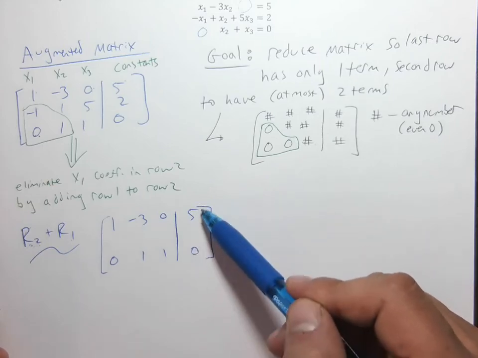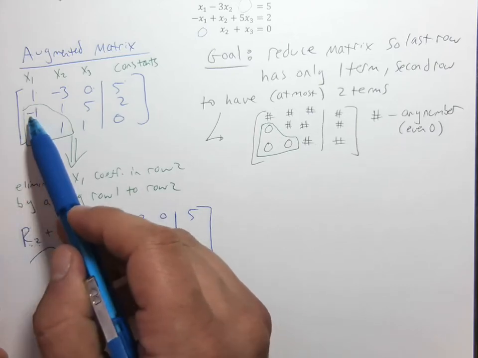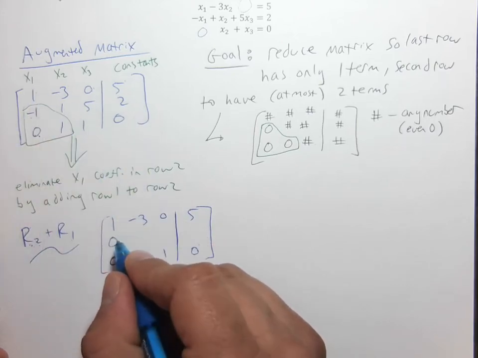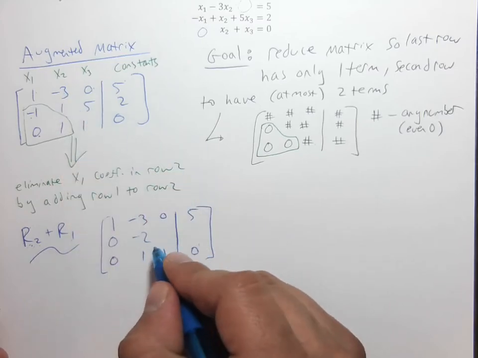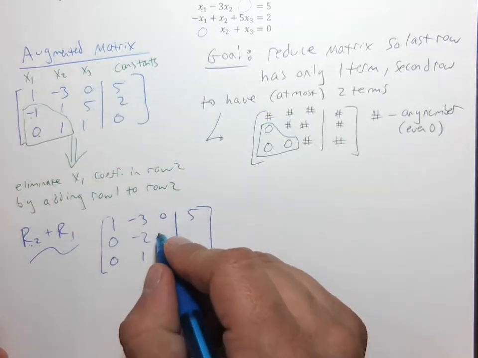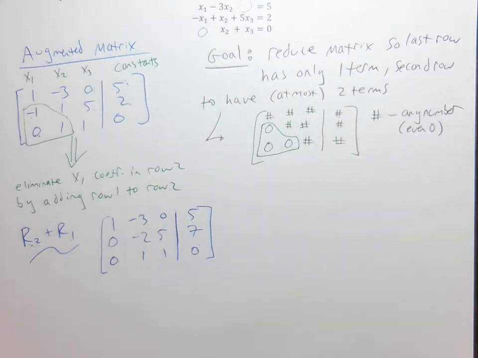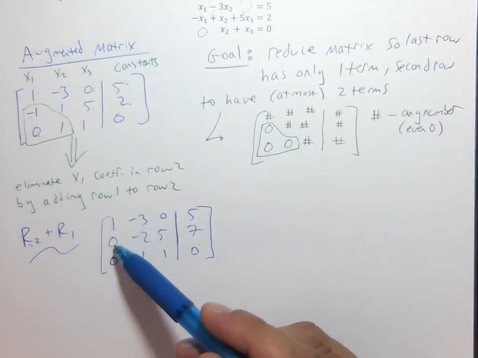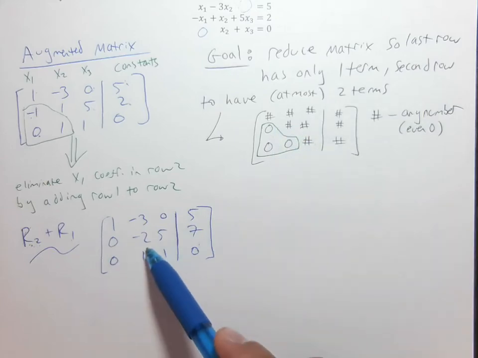We're not changing rows 1 and 3, we're changing row 2. And so when I do 1 plus -1, we get 0. That was the goal. 1 plus -3 is -2. 5 plus 0 is 5. 2 plus 5 is 7. And so we've got a couple zeros here, which is what we want. We have those 2 zeros, those were our goal. We just want to think about how to make this one a 0.